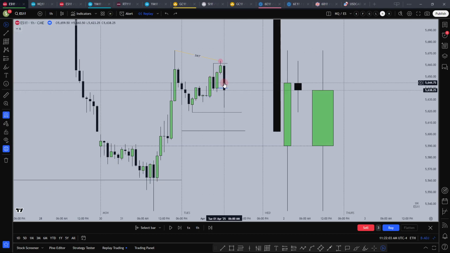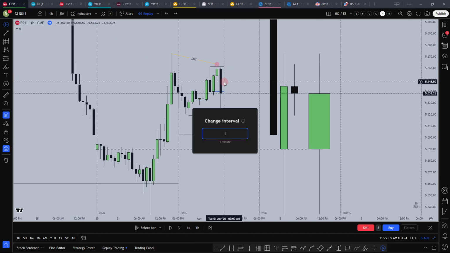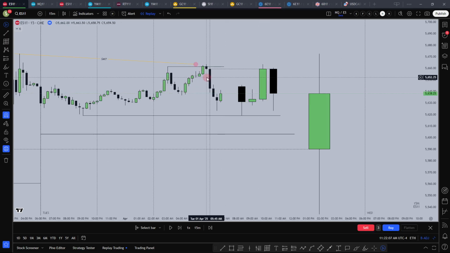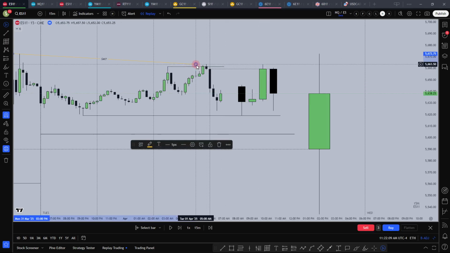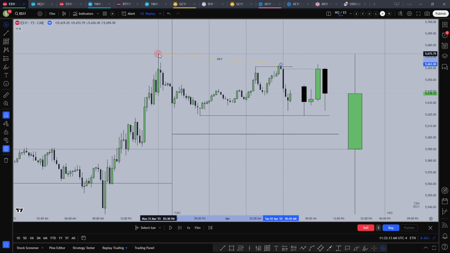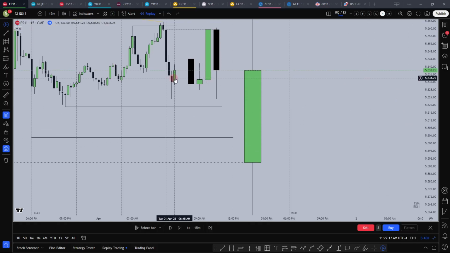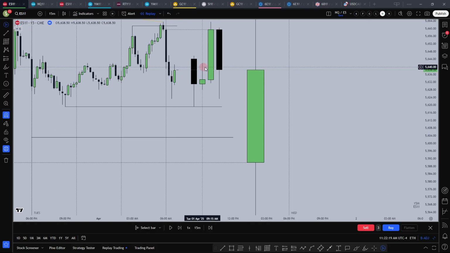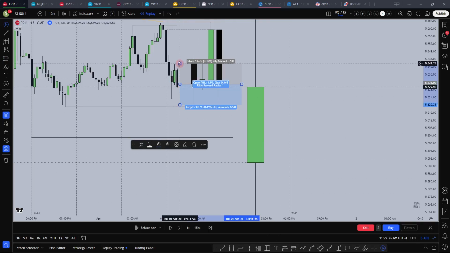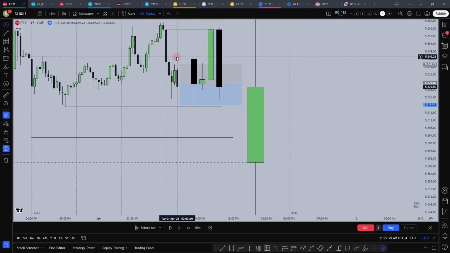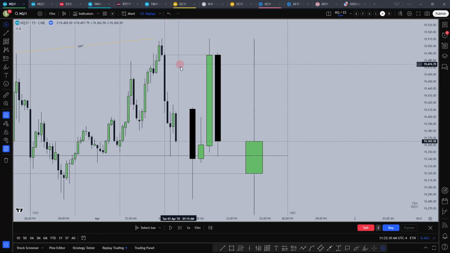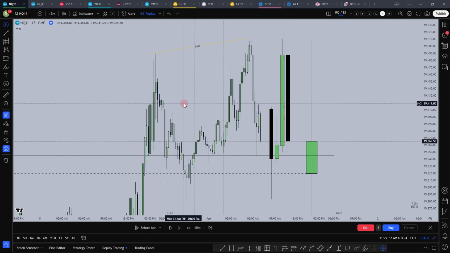So 6 a.m., 15 minutes. This I was saying while I could take this, but I don't trust this high on NQ.